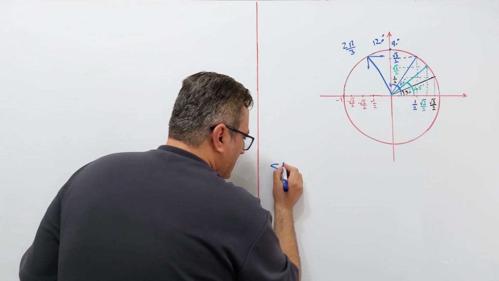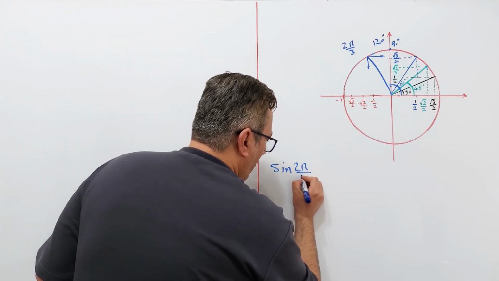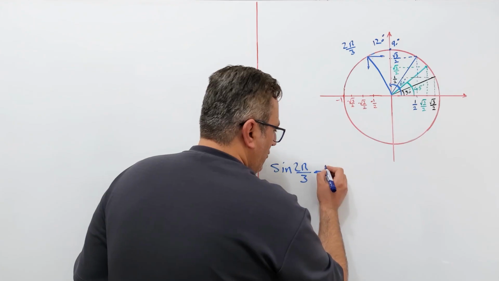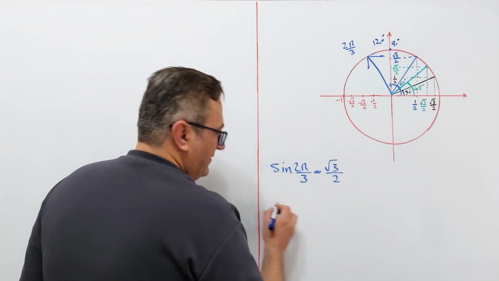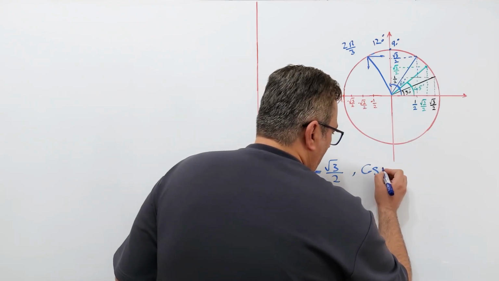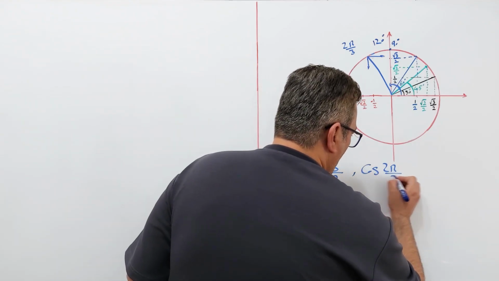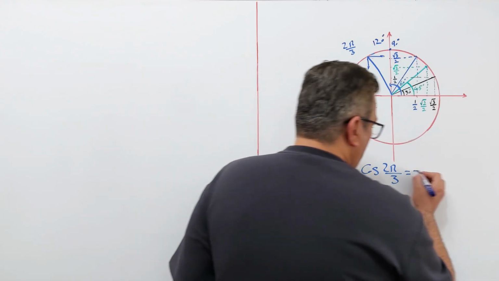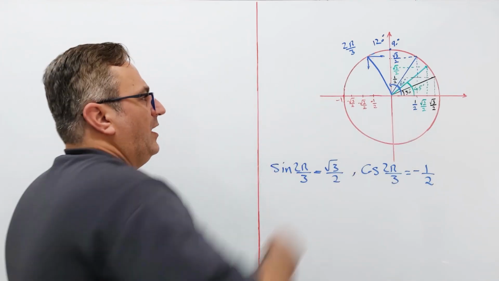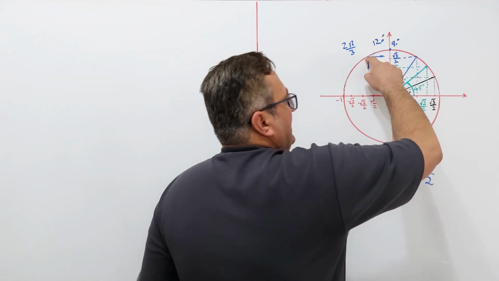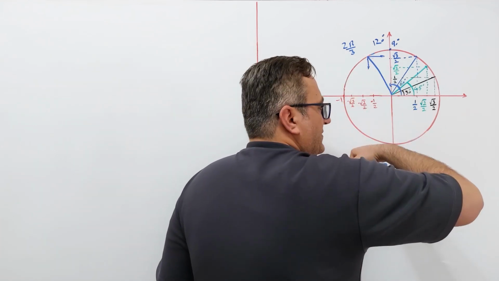So, sine of 2 pi over 3 is equal to the square root of 3 over 2, and cosine of 2 pi over 3 is equal to minus 1 over 2, because this angle is in the second quadrant.